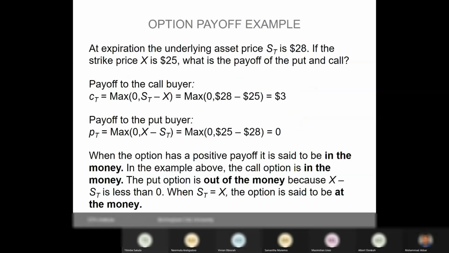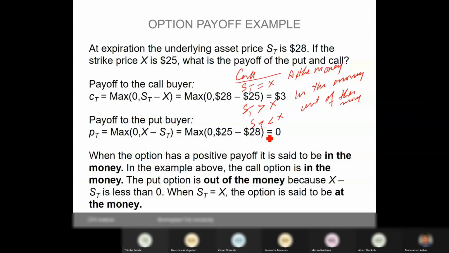For the call option, whenever ST is equal to X, it is at the money. Whenever ST is greater than X, it is in the money. And whenever ST is less than X, it is out of the money. For the put option, we will have the same.